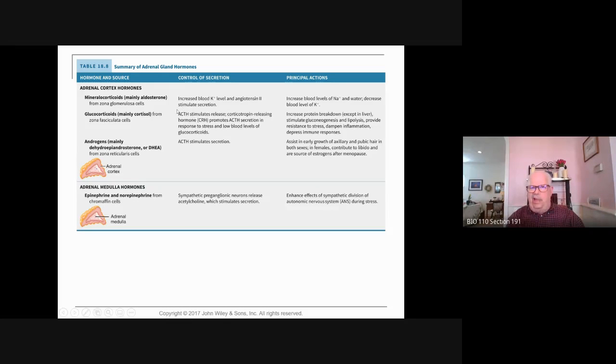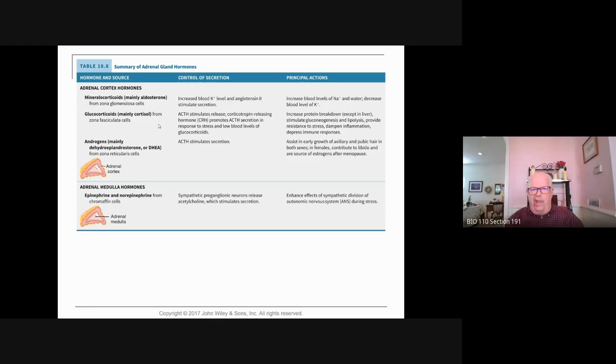ACTH will stimulate the cortex of the adrenal gland to produce all of these hormones. So the adrenal cortex is under the control of the pituitary gland.